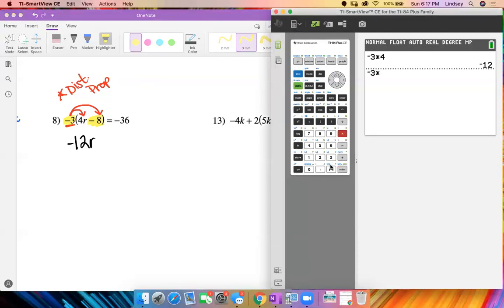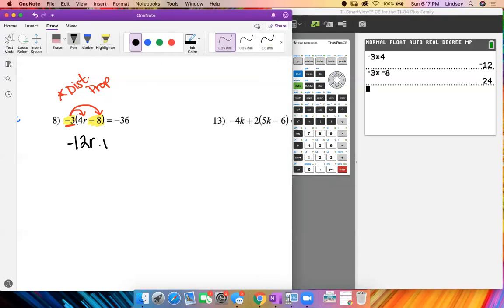Negative 3 times negative 8, you get a positive 24. All right, if you do every single thing else correctly, you're going to get the wrong answer if you make that a negative 24. Okay, so you have to pay attention to what those signs are.